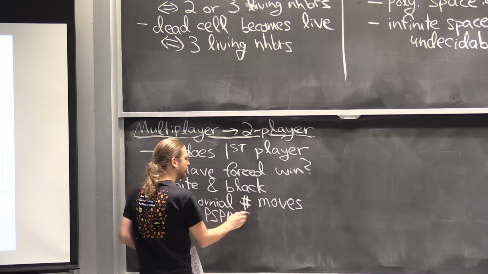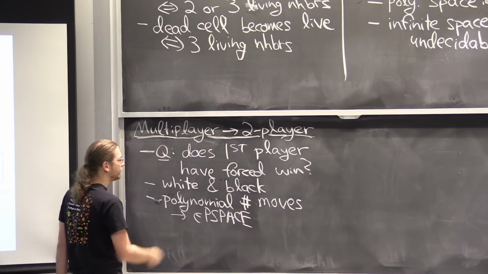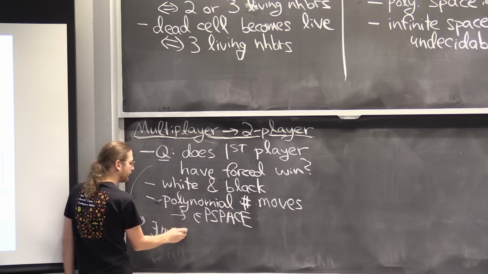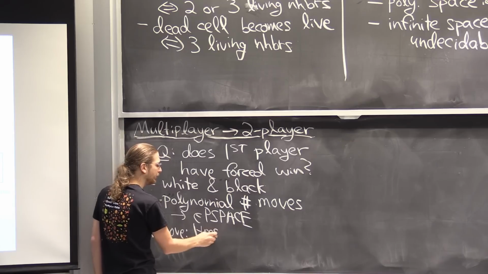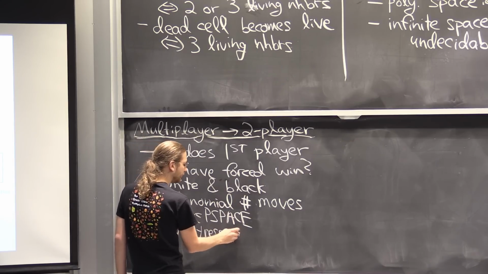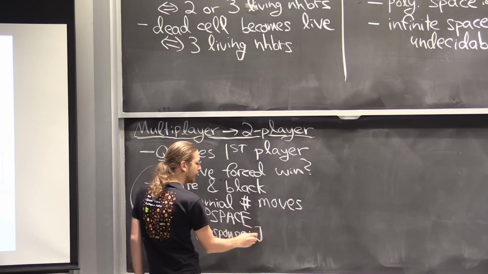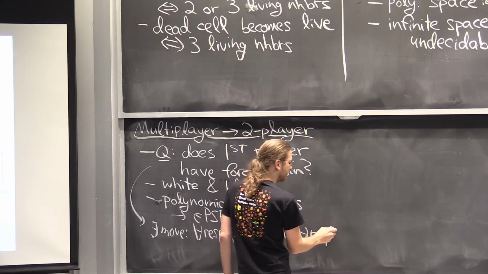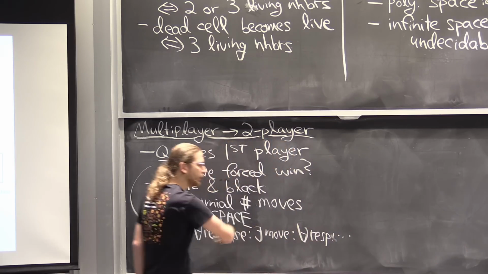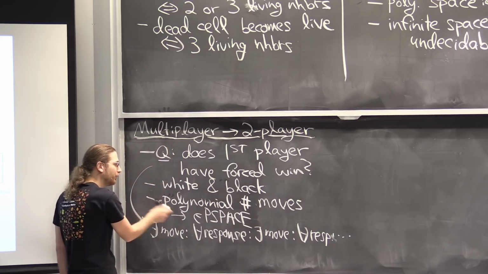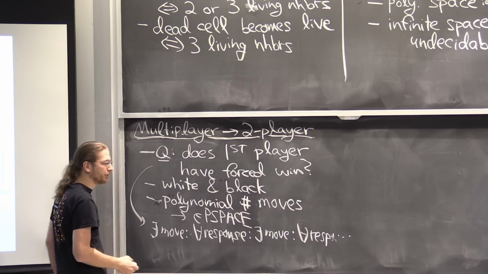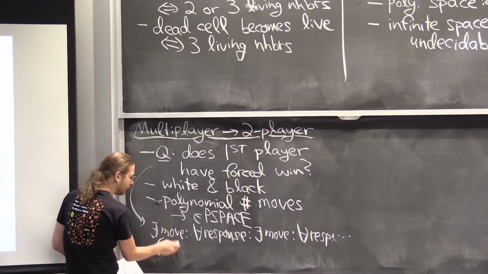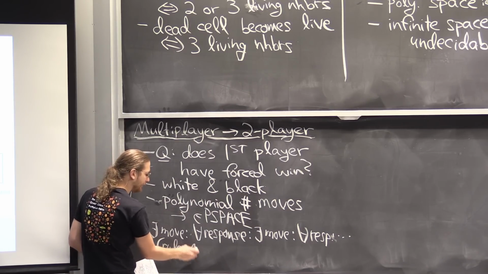So again, we're going to aim for PSPACE-completeness. It's in PSPACE because you can think of this question as being equivalent to: do I have a move such that no matter how the opponent responds to that move, so every move for the opponent, which I will call a response, I have another move such that no matter what the opponent does, through the polynomial number of moves. If there's only polynomially many moves, then there's only a polynomial number of quantifiers here. And then in the formula, I'm going to write whatever the rules of the game are, and then ANDed together with I win.